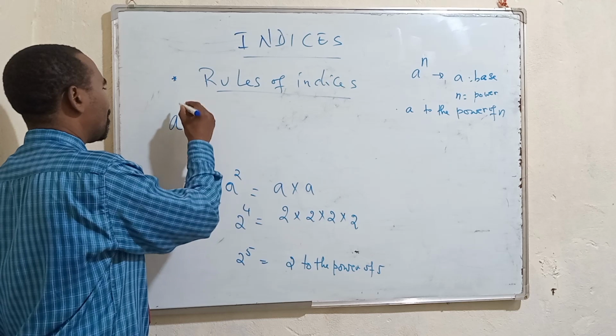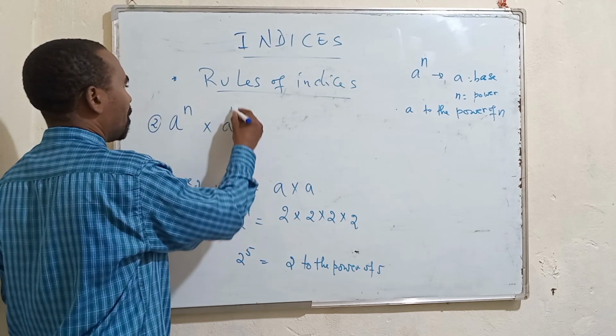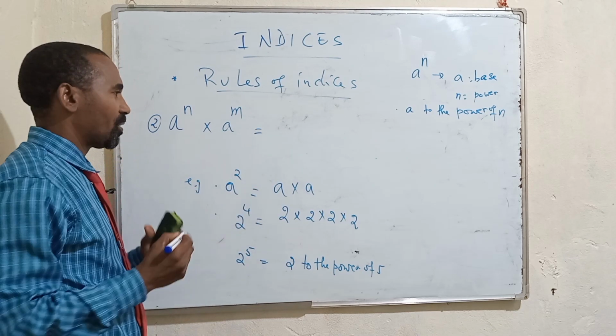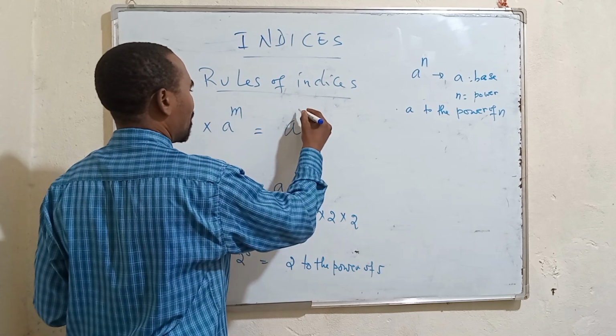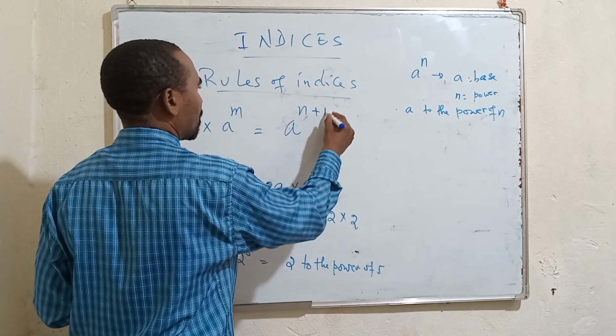Second property. When now you have a power n times a power m, this means the same as you copy the base and you add powers.